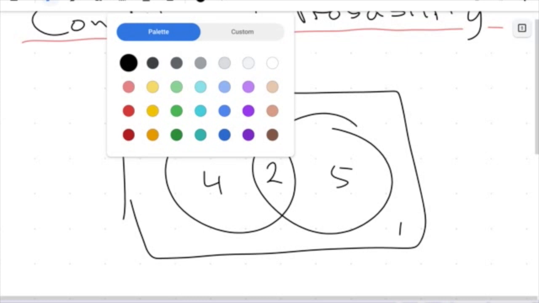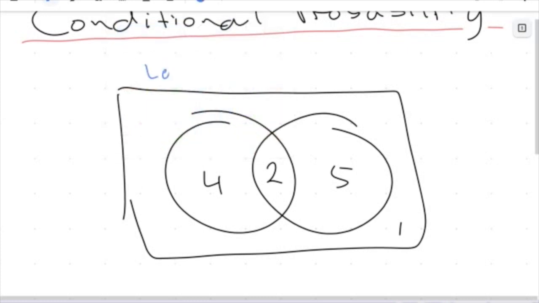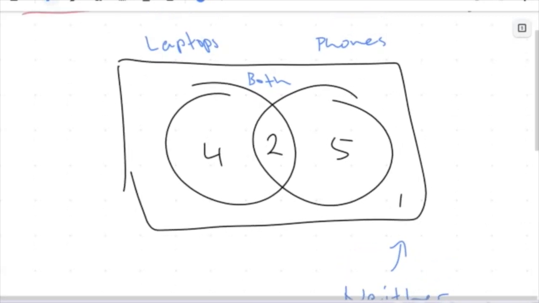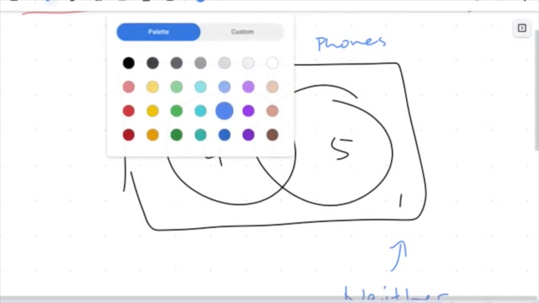So here we have, for example, laptops on my first circle here, and I have my, let's say, phones, and my intersection point here is both. And my one outside, that's going to be neither. So we're just going to consider how we go about calculating some new types of probabilities here. And this is going to be quite a step up from what we've been doing so far.